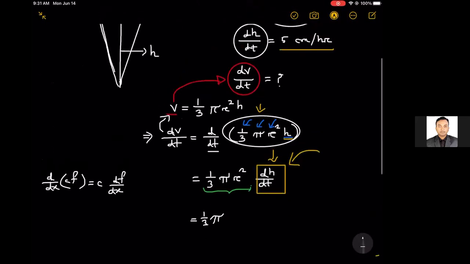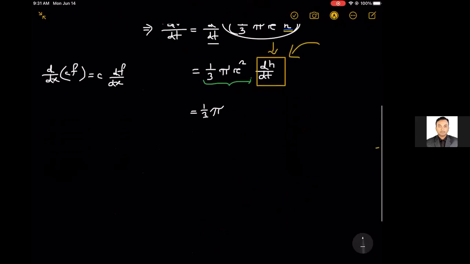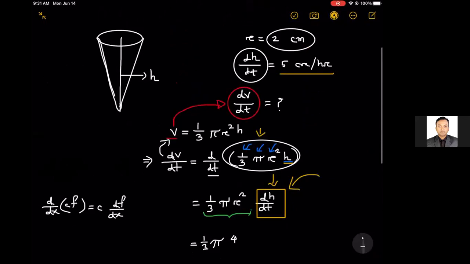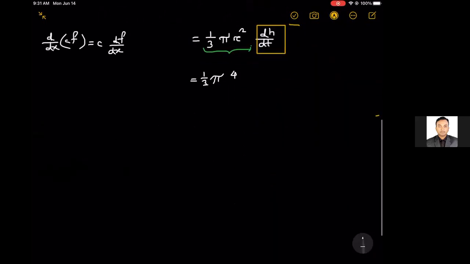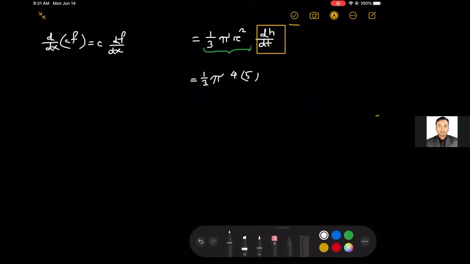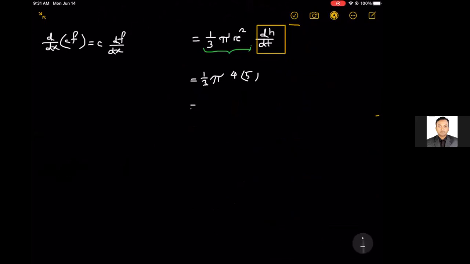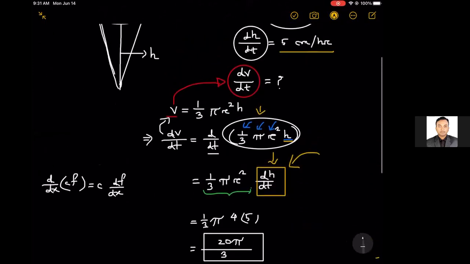R was 2, I believe. Yeah, so r squared will be 4, and dh/dt is 5. If we simplify it, not really simplifying anyway, it's 20/3 pi. So this is the rate of change of the volume for this cone.